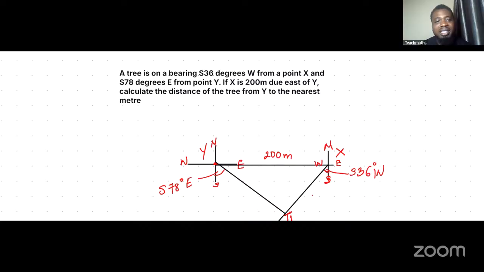Because it says that a tree is on a bearing of south 36 degrees west from a point X, that means if you're looking at it from X, the tree is south 36 degrees west. But if you're looking at it from point Y, the tree is south 78 degrees east. So you're looking at the tree from two different positions. So the point of intersection between the bearings tells you where the tree is.